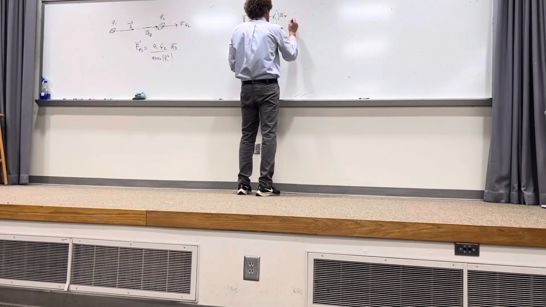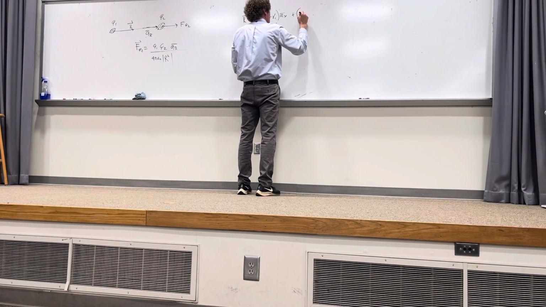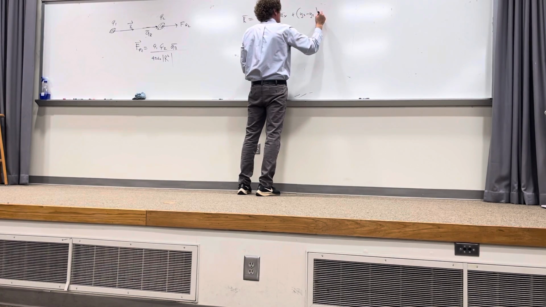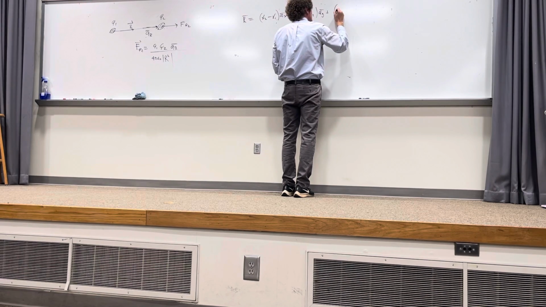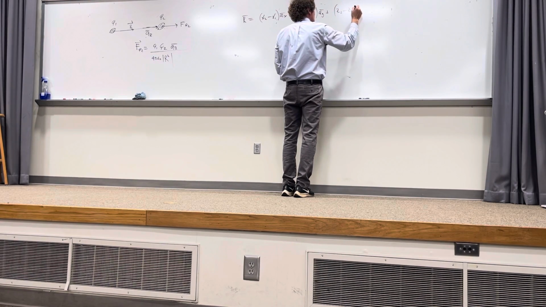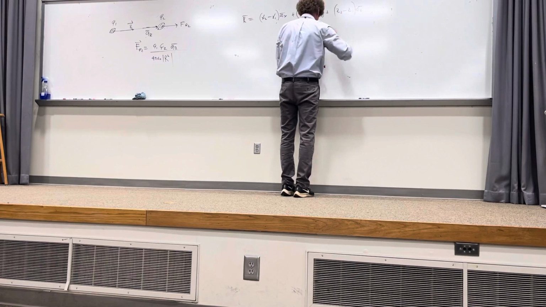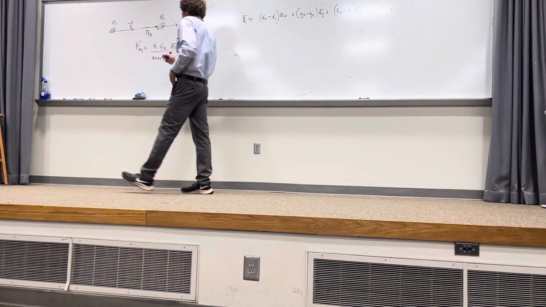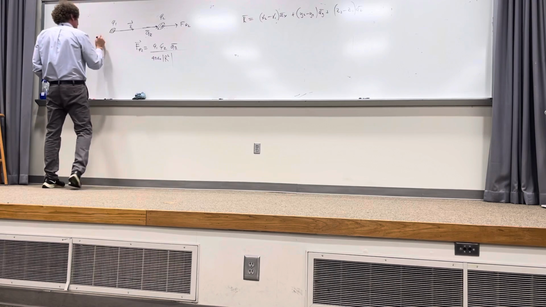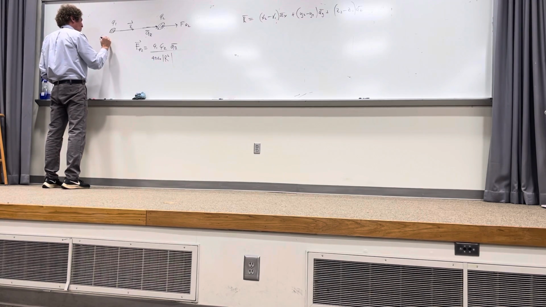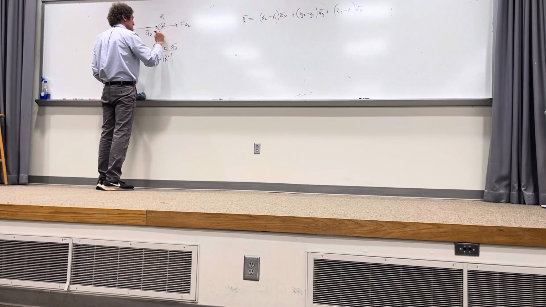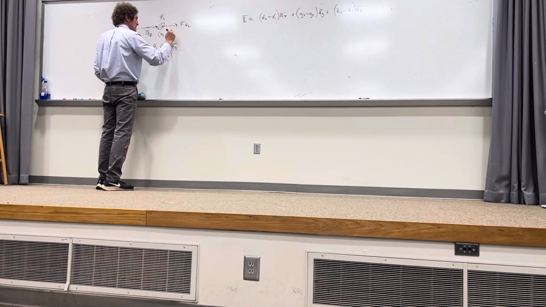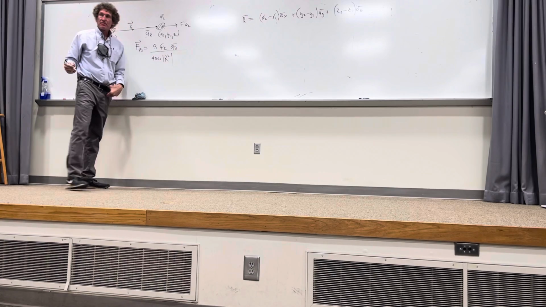And likewise, you would say plus y2 minus y1, AY, plus z2 minus z1, AZ. And here, I'm saying that this point is at x1, y1, z1, and this point is at x2, y2, z2. You all with me on that?